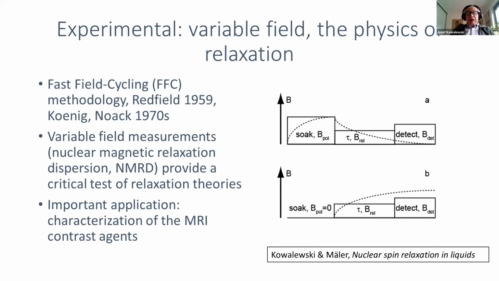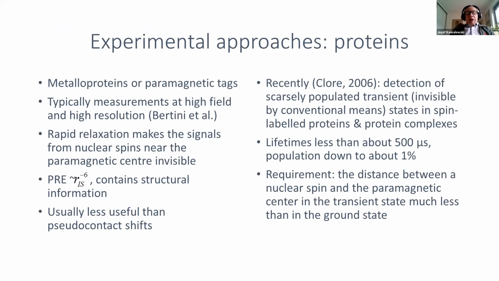One is characterization of the contrast agents for magnetic resonance imaging. Contrast agents for MRI are often paramagnetic species, often gadolinium complexes. Now, nowadays in NMR, many people are interested in proteins, and this type of approach with paramagnetic relaxation enhancement works also for proteins.